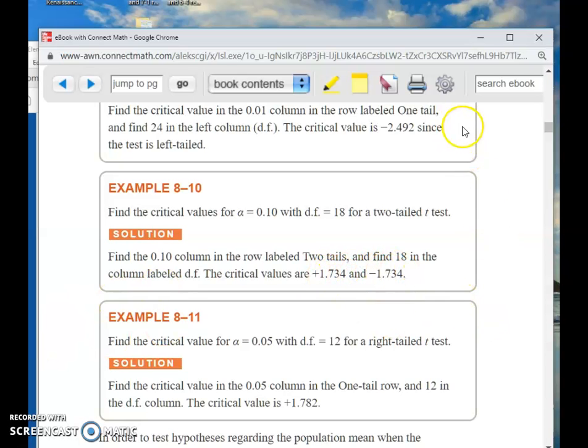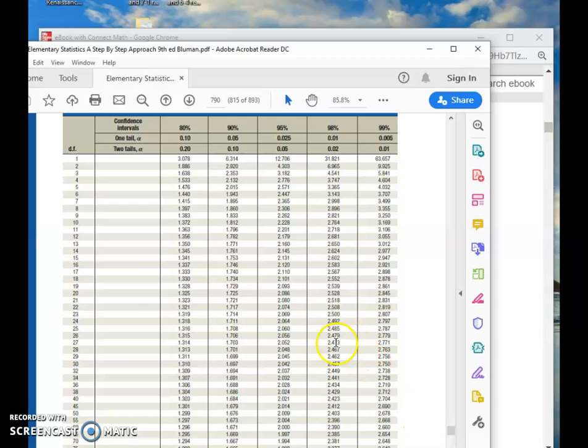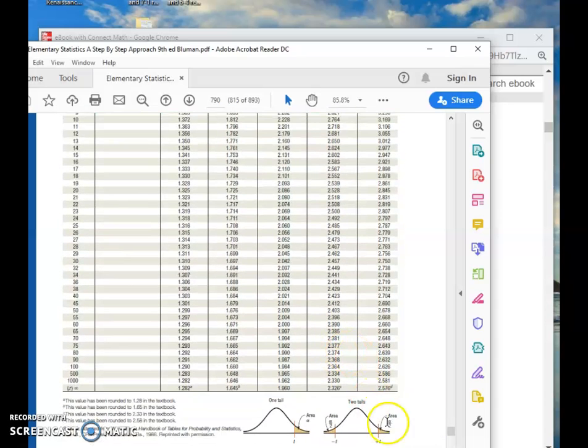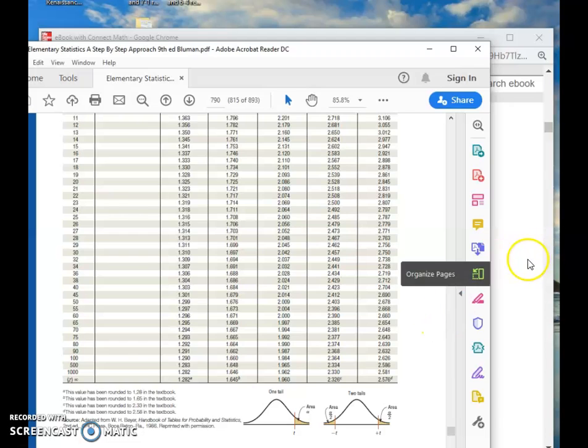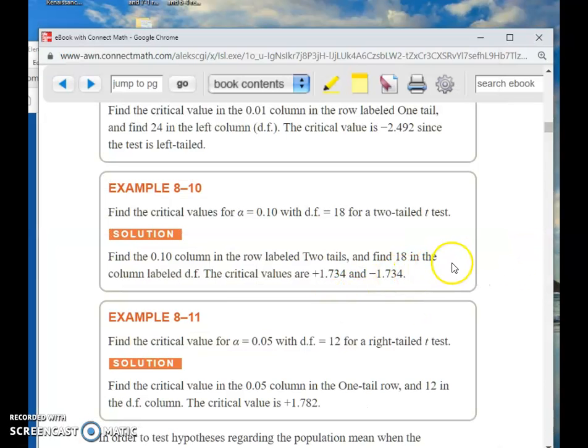Why is that? Let's take a look. It's a two-tailed test, so I need this guy and I need this guy. The problem was given to us as a total alpha of 0.10.